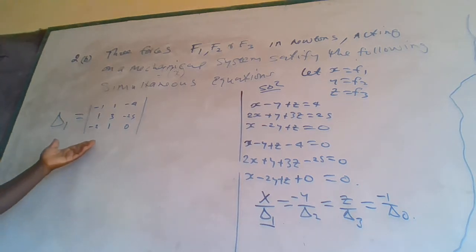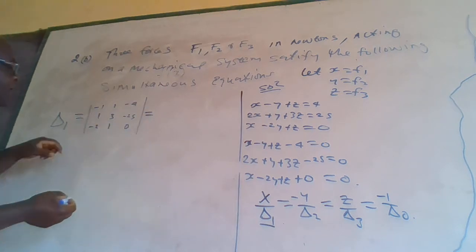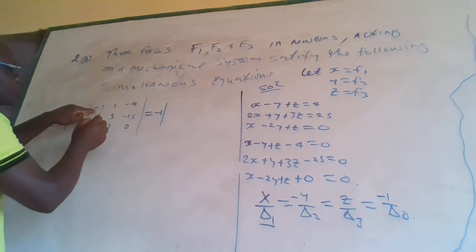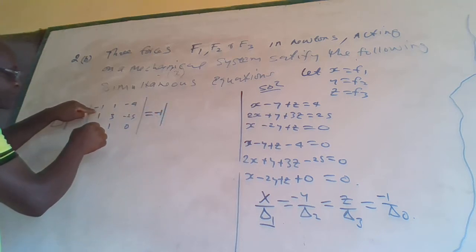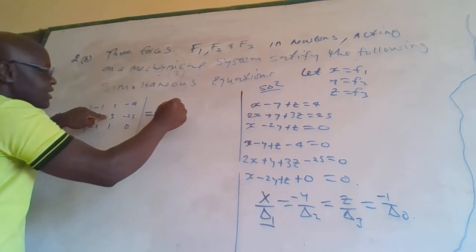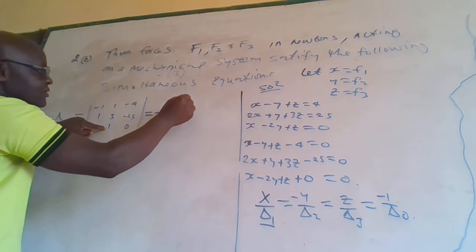So we now expand the determinant for us to get del 1. This equals, of course, minus 1 into, now block this column and this row, so that we have 3, negative 25, 1, then 0.